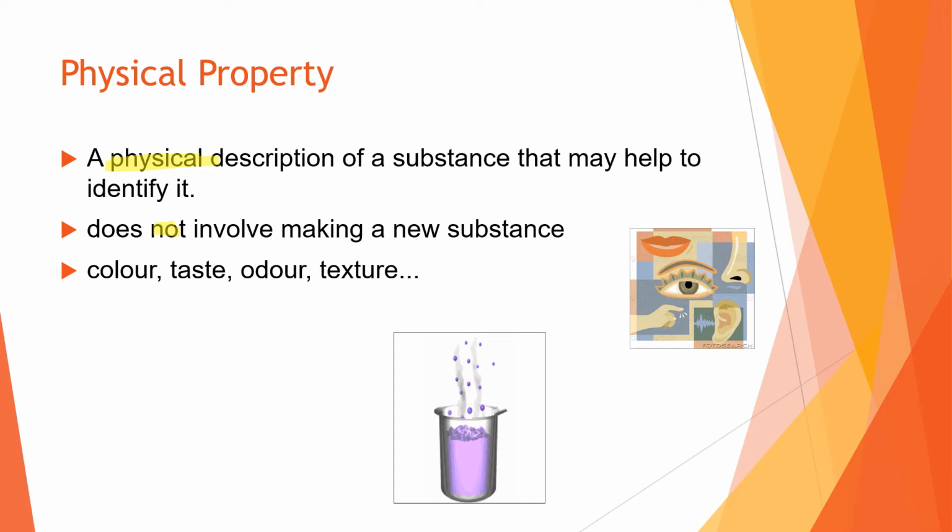So a physical property is not making a new substance. So again, some examples: color, taste, odor, texture. Okay, these are all examples of qualitative physical properties that are used to describe a substance.